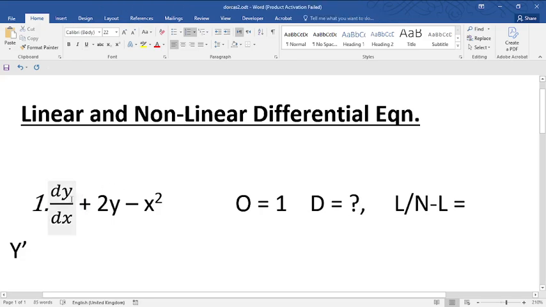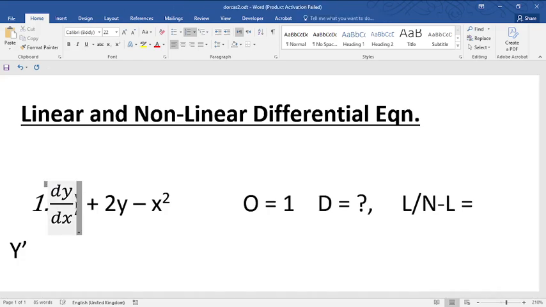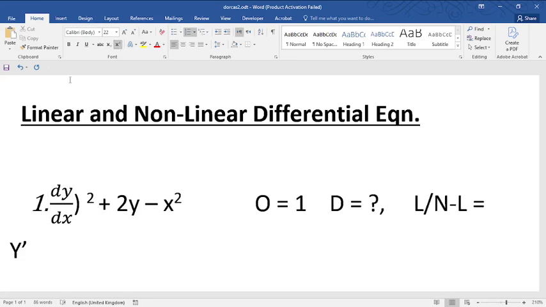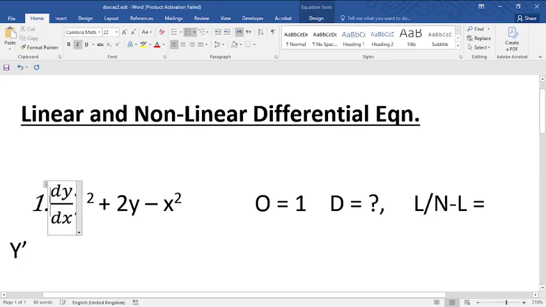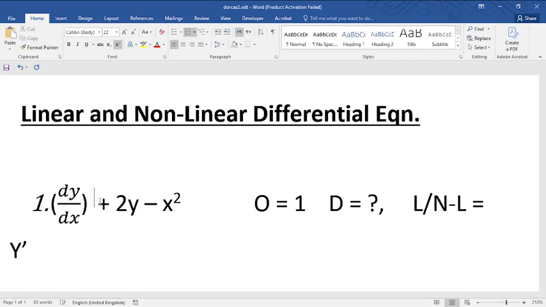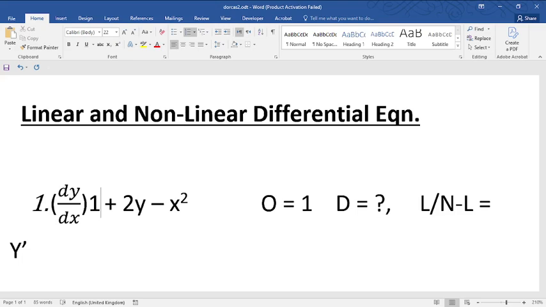As you can see here, I can write this thing as a bracket closed, all to the power of 1. I can gently write it like this.